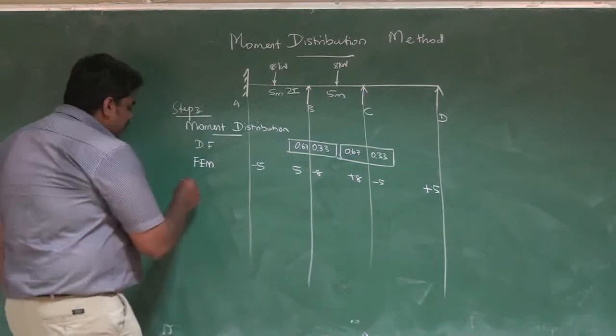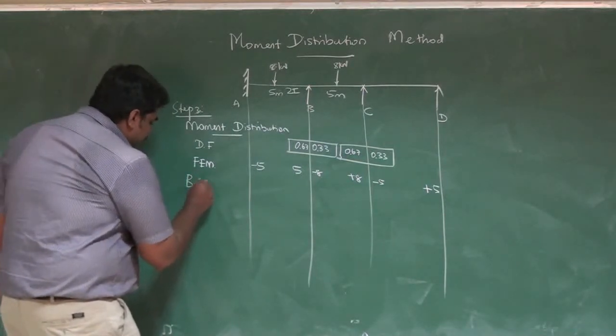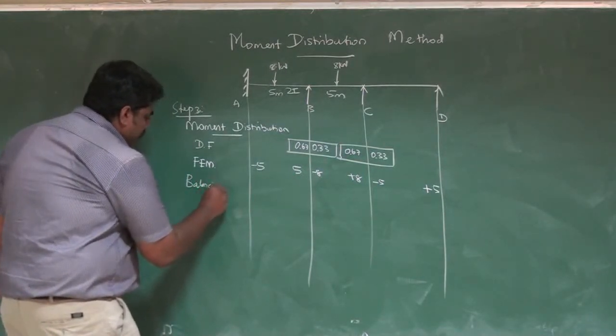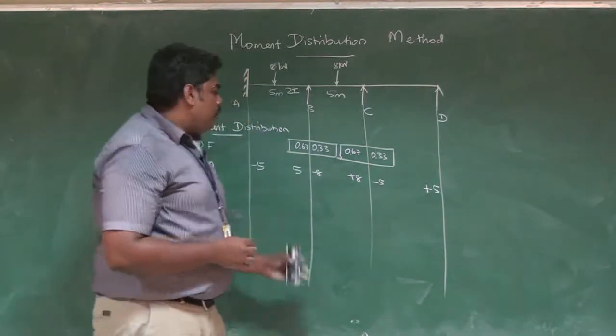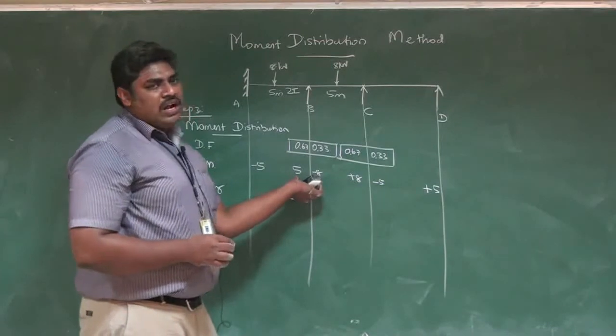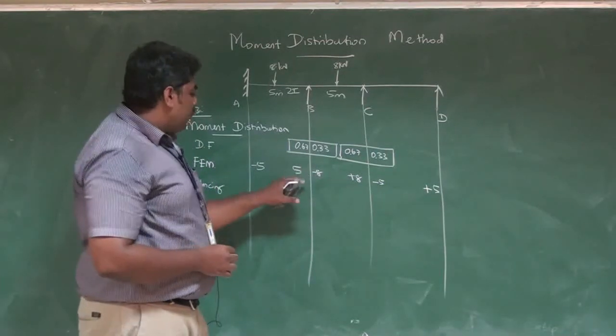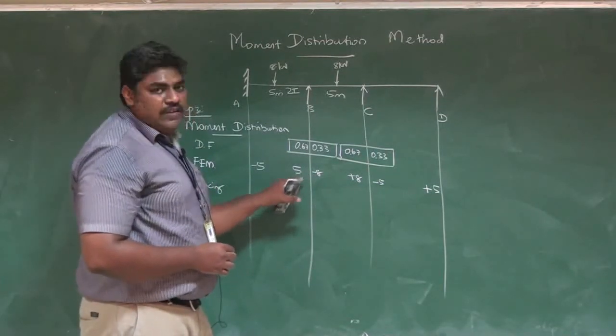So the next important step we should know is balancing. The literal meaning of balancing is that I am going to balance this particular moment. An unbalanced moment of +3 is on the left hand side.